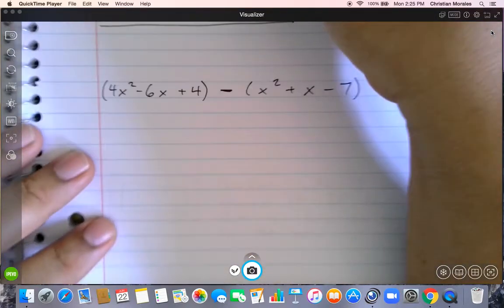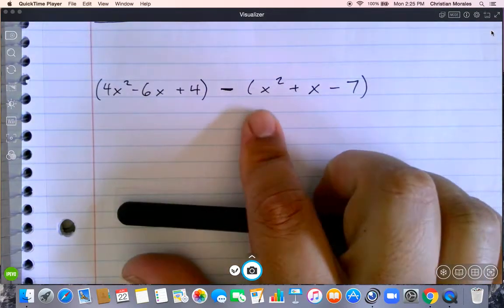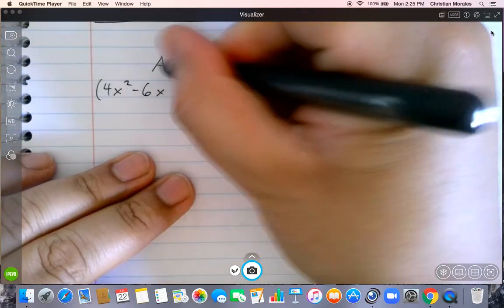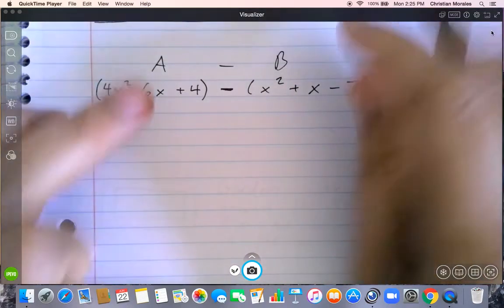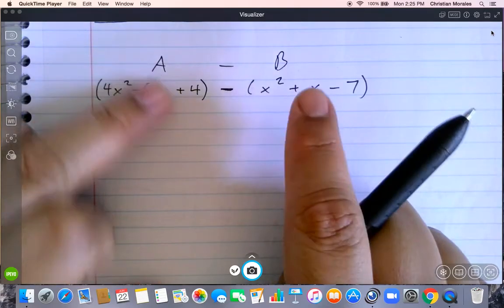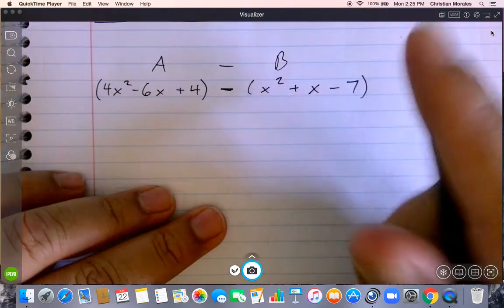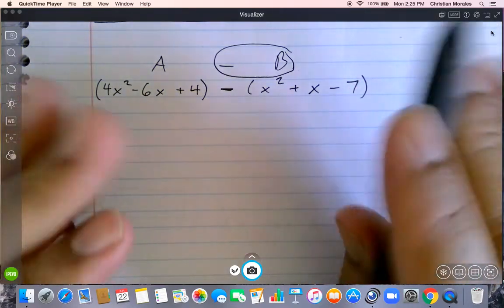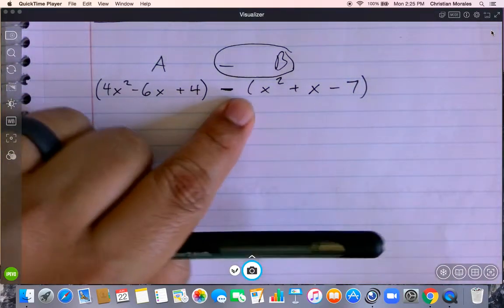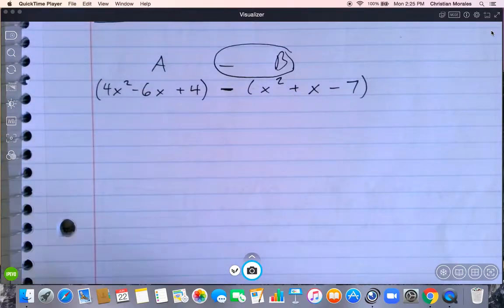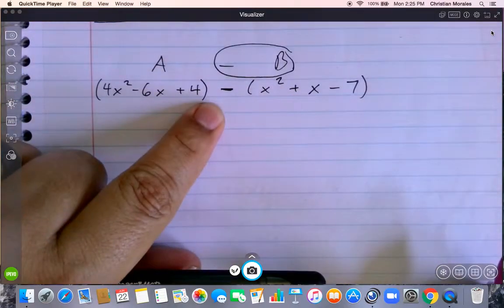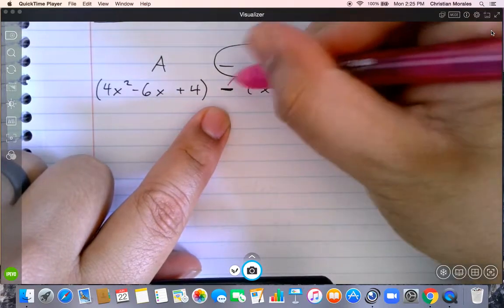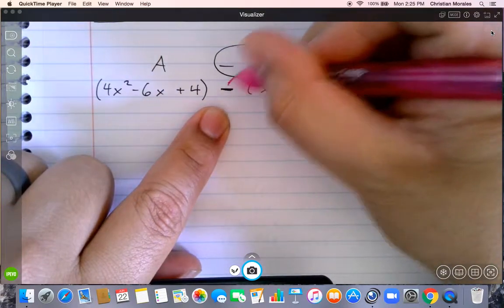All right, now what about if you're going to subtract? Now this is important. You're taking this term and you're subtracting this term. You're taking this away from A. So when you do that, this is going to be treated like a negative. So I bring that up because you have some positive numbers in here. But since you're subtracting, what I suggest you do is you distribute the sign to each one.